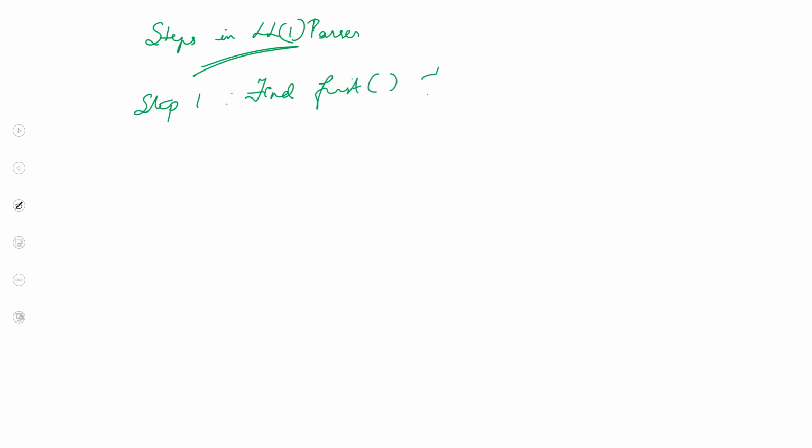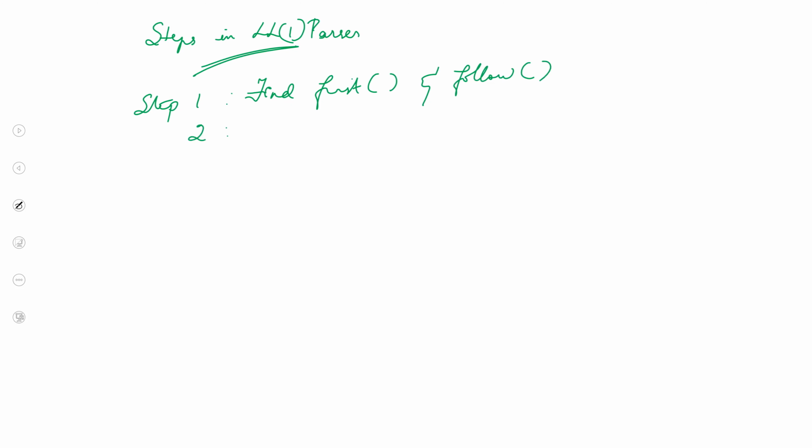Now, let's see the steps in the LL1 parser, or the algorithm of the LL1 parser. Step number 1 is to find the first and follow. Please write it down together with me.